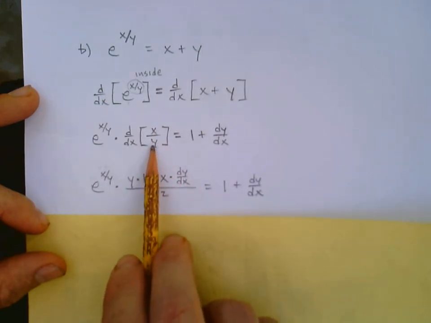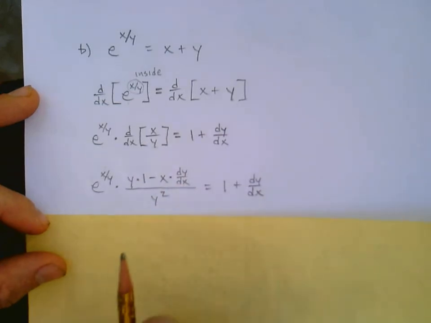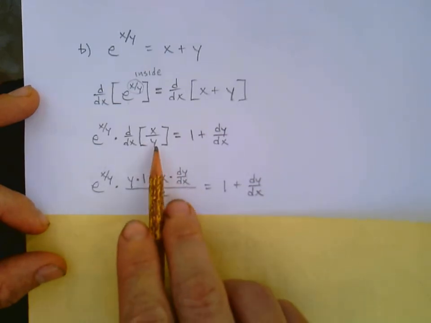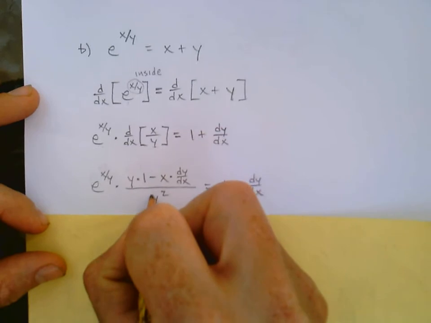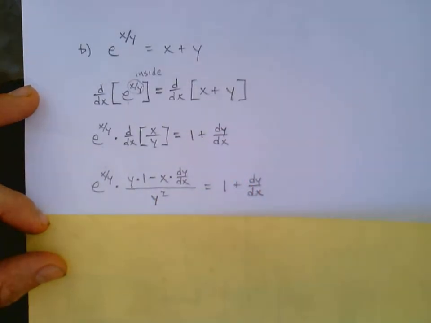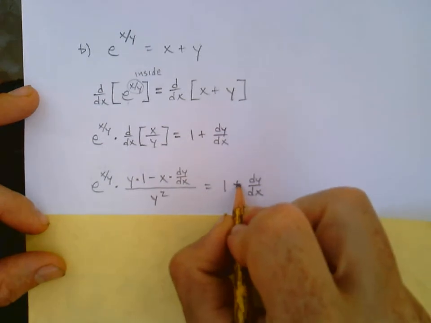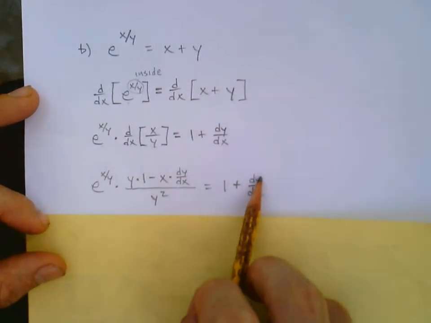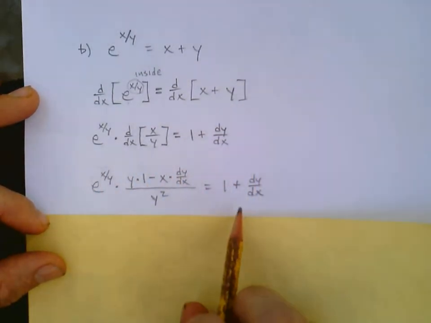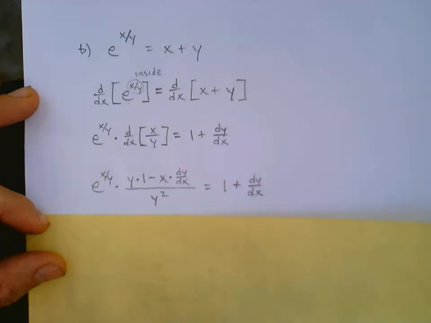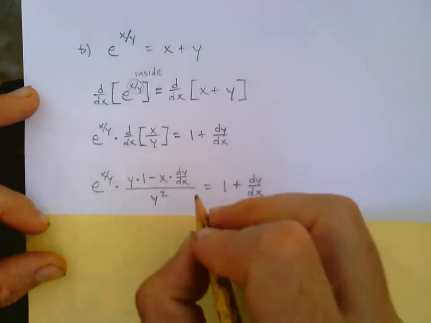And there we've got the derivative of y again, dy over dx. And that's all over the low squared. And it's still equal to 1 plus dy over dx. Okay, at this point, we have done the implicit derivative, or implicit differentiation is the technique.